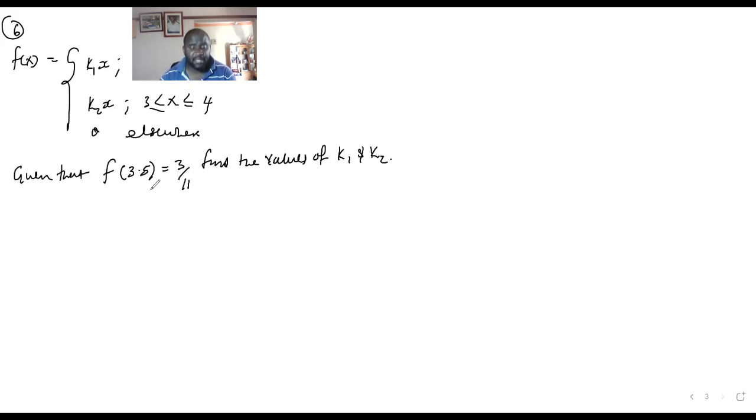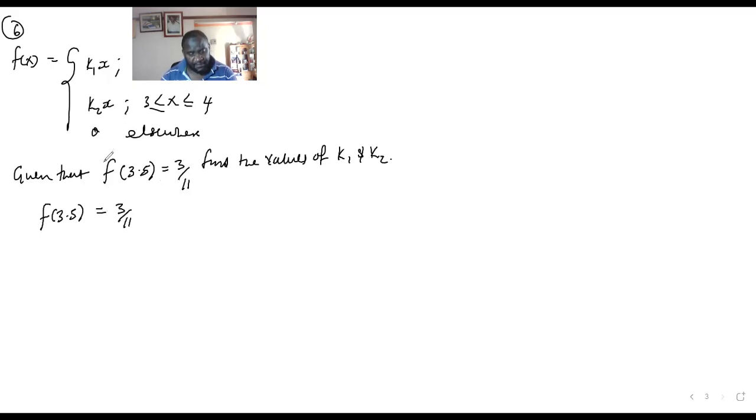So according to this, we have been given the function. When x is 3.5, the probability is 3 out of 11. So that is in which region? It is between 3 and 4.